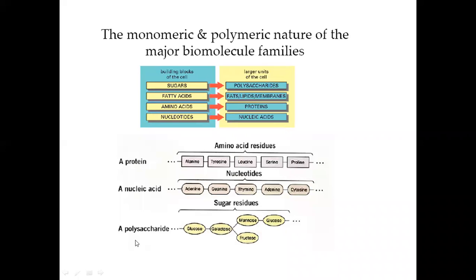For sugars or polysaccharides, the repeating units are sugar residues such as glucose and simpler sugars. And for fats, lipids, and membranes, the repeating units can be fatty acids or smaller units. Each of these will be discussed in its own chapter.